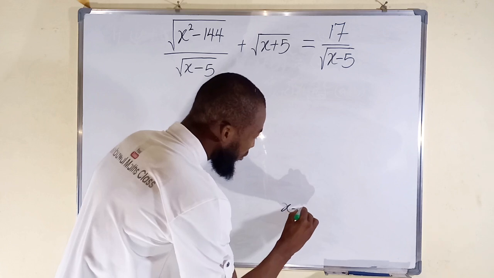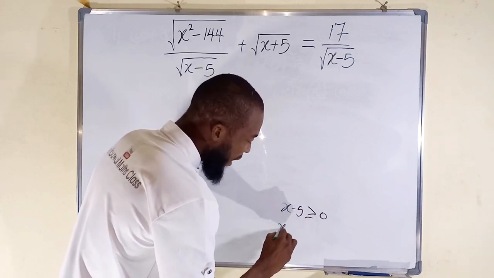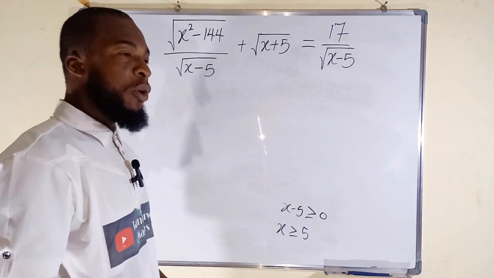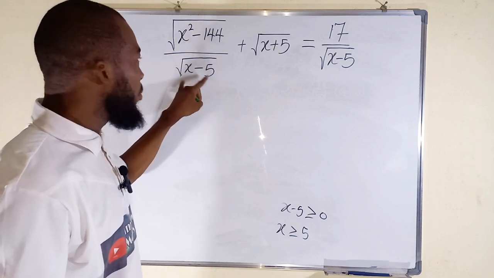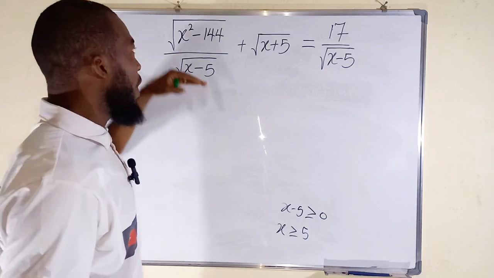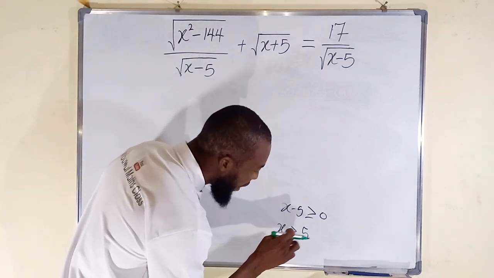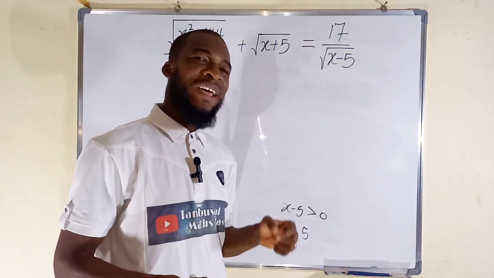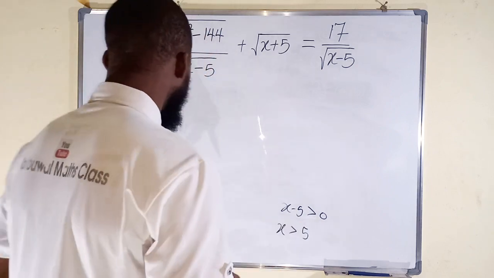So x minus 5 should be greater than or equal to 0, which implies that x is greater than or equal to 5. But if it is equal to 5, x minus 5 is 0, the square root of 0 is 0, and we don't want that situation, hence we are going to consider x greater than 5. So whatever value we obtain must be greater than 5. This is the condition. So let's get started.